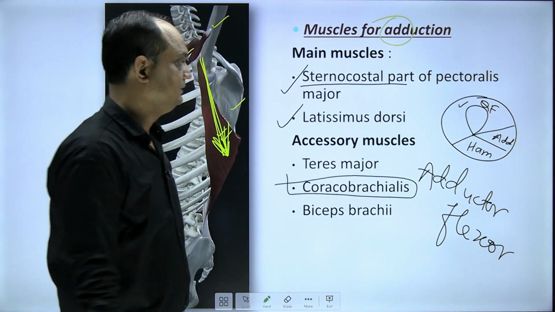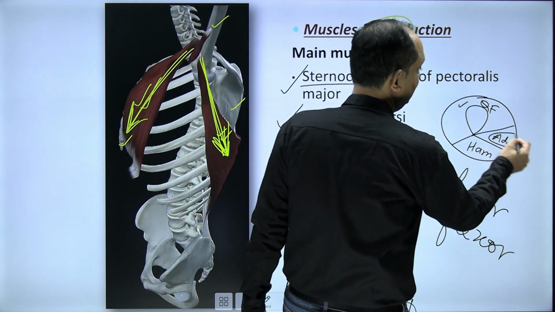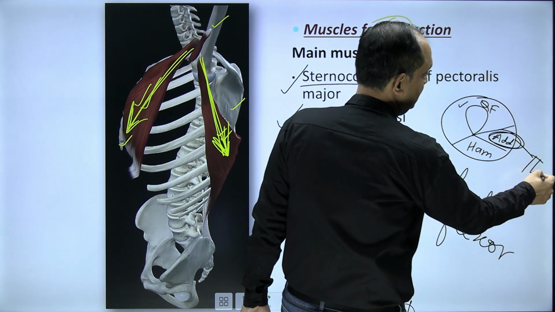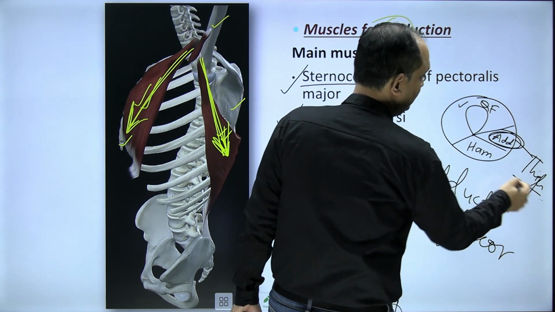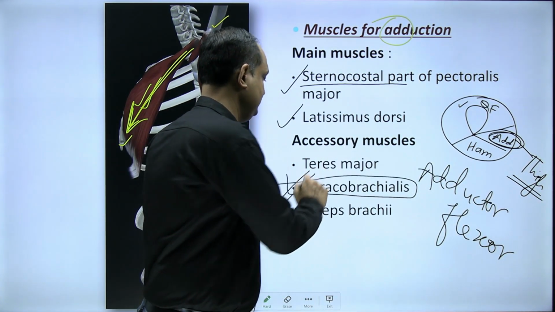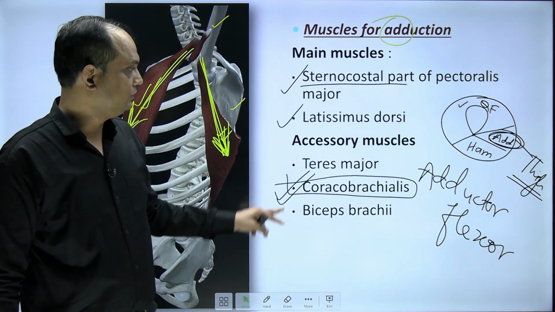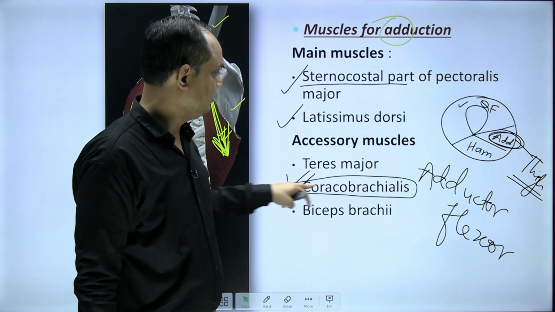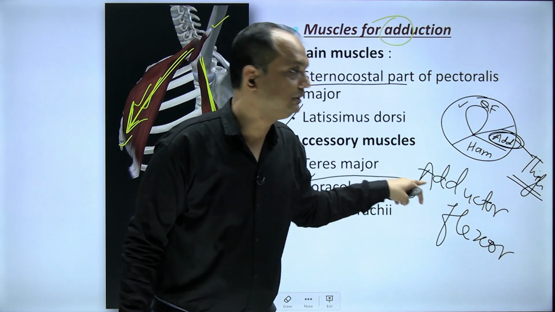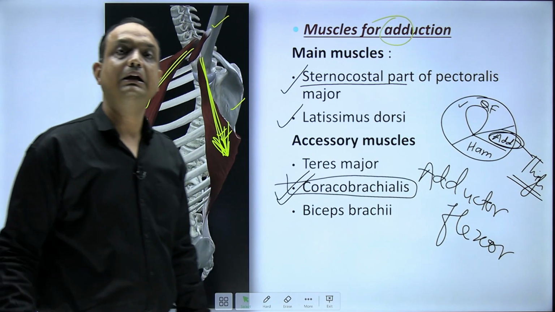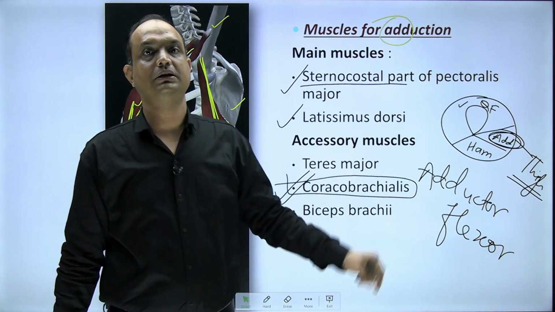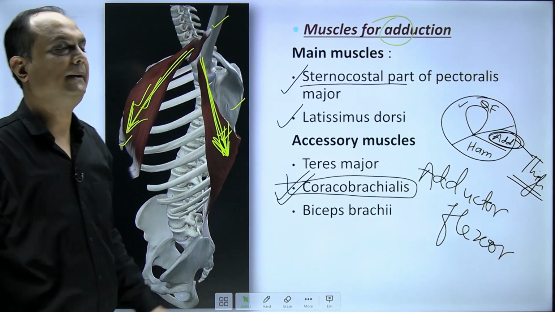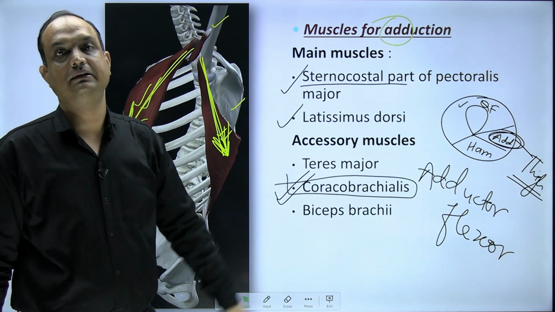Now, my dear students, the adductor compartment of your thigh has its corresponding part in the upper limb in coracobrachialis. So the medial compartment muscles are adductors and coracobrachialis is also an adductor. Clear? So it is a weak adductor, and the powerful adductors are pectoralis major and latissimus dorsi.